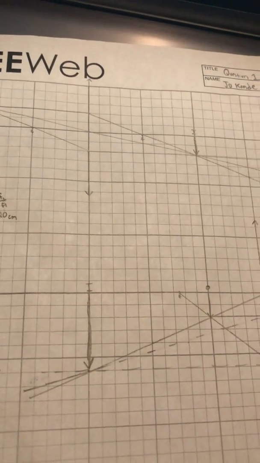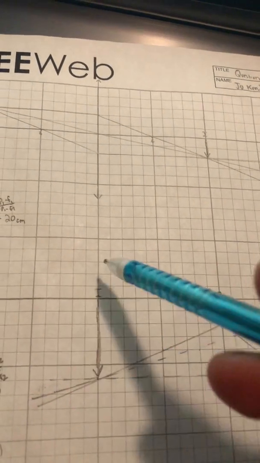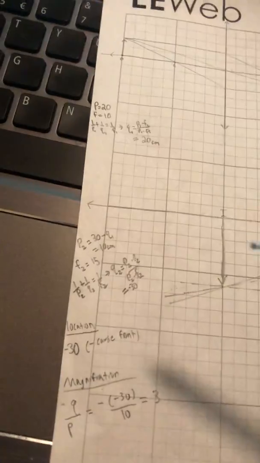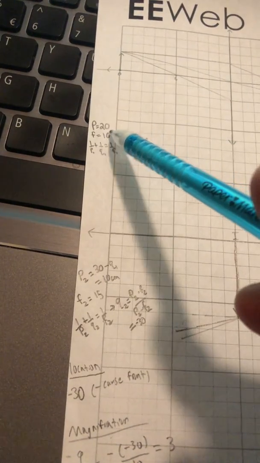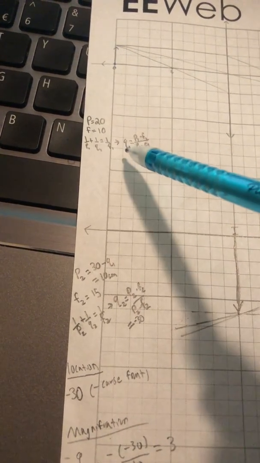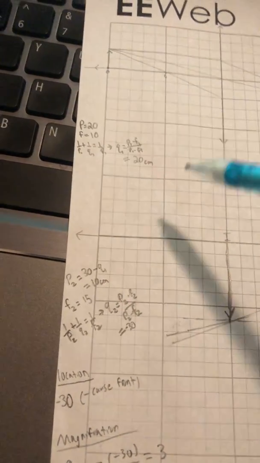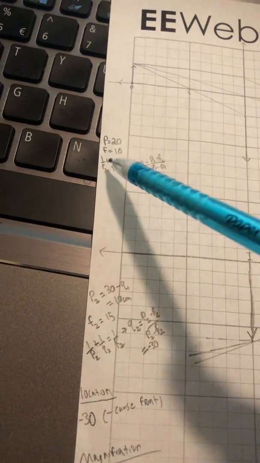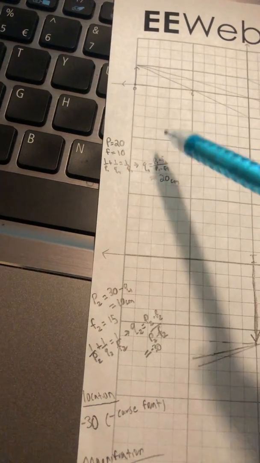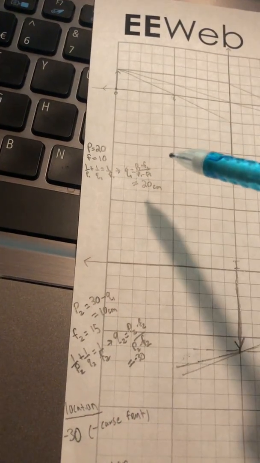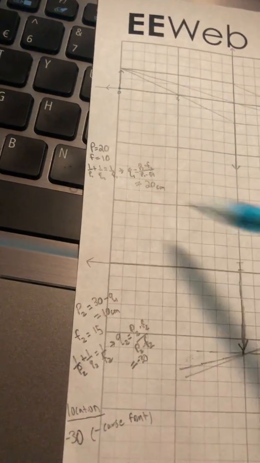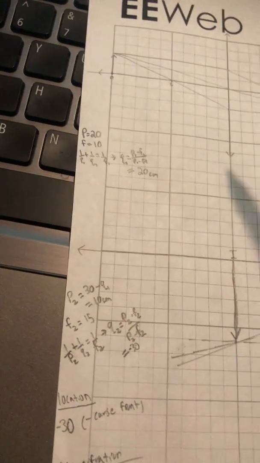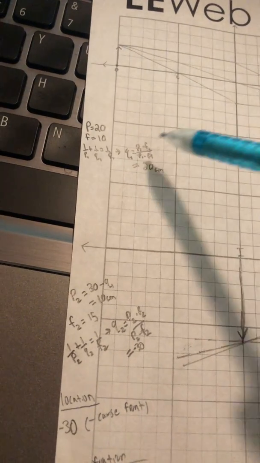Now I have the math to prove that this was the correct new image. Using the lens equation, 1/p + 1/q = 1/f, and algebra, we find that q = pf/(p − f).